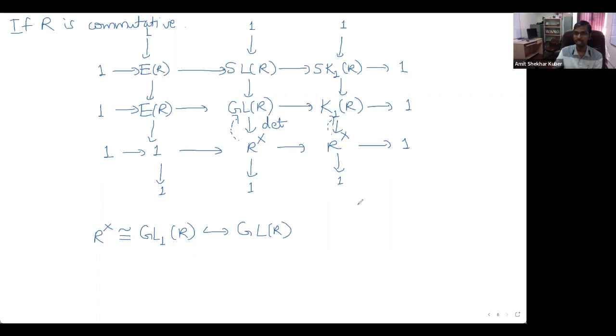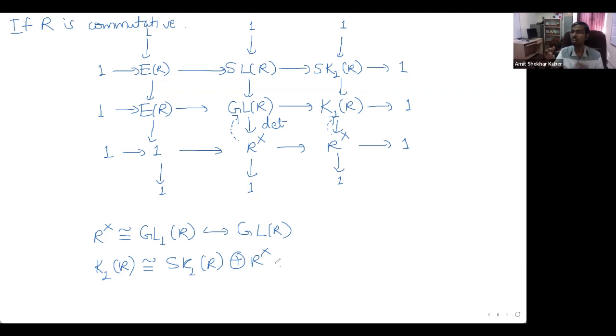And therefore, if R is commutative, K1R is simply SK1R direct sum R cross. So this R cross is always going to be there. This is the trivial part, whereas SK1 is the non-trivial part.